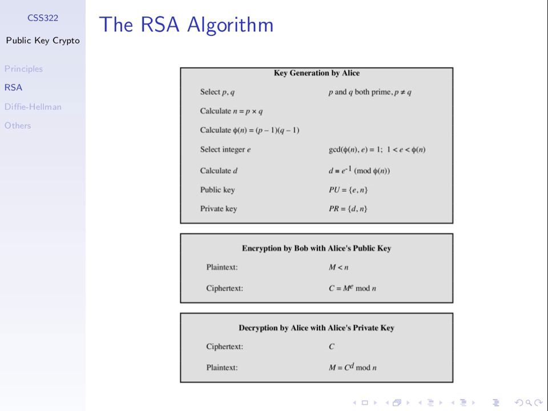Another approach, manually find the totient of n. And again, for large values of n, there is no known algorithm that can find the totient of it in this manual approach without knowing the prime factors. So that's not feasible with large values. Finally, find the prime factors of n, and then we can easily find the totient of n.